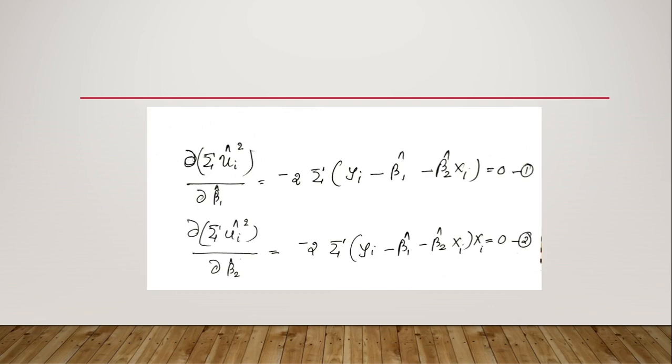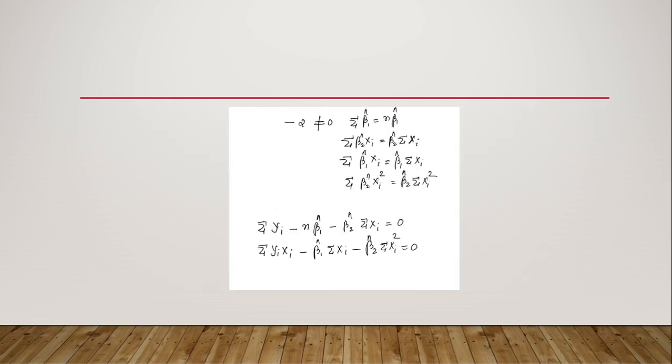We know that minus 2 is not equal to 0. That means sigma (yi minus beta 1 hat minus beta 2 hat xi) is equal to 0. In the second equation also minus 2 is not equal to 0. So sigma (yi minus beta 1 hat minus beta 2 hat xi) into xi is equal to 0.